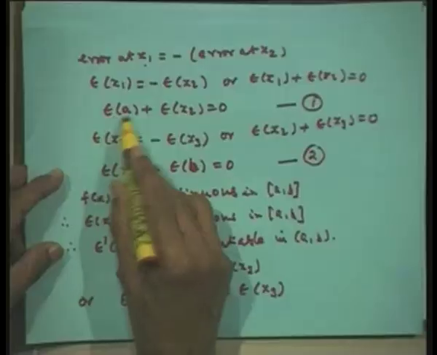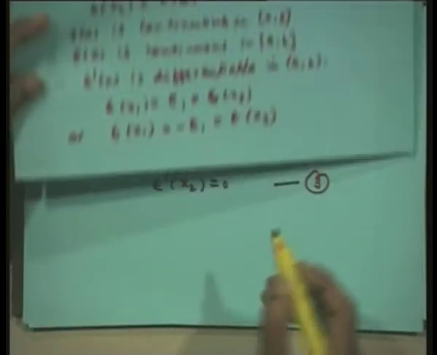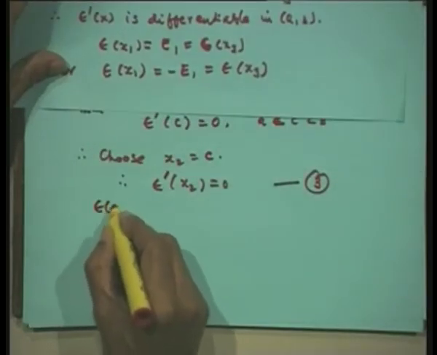Now, we have earlier two equations and this is our third equation, and we would like to solve these three equations. We have equation 1 as epsilon a plus epsilon x 2 is 0. Let us write them all at the same place.